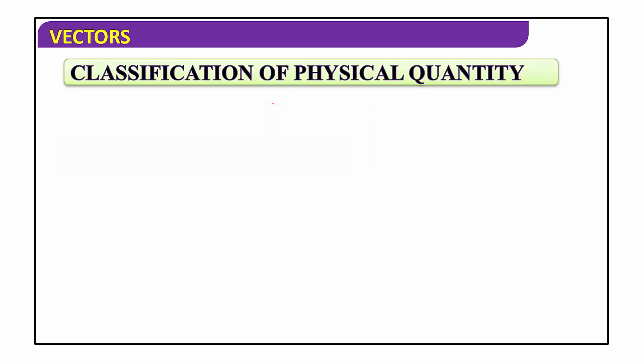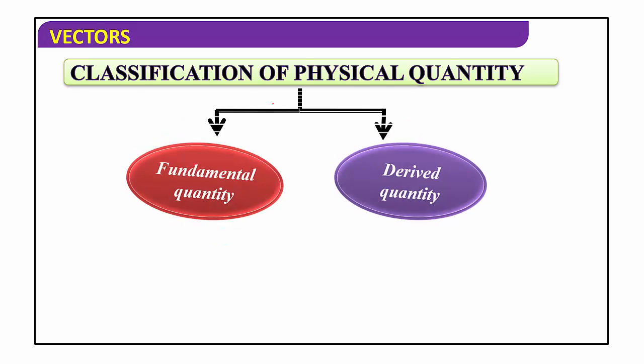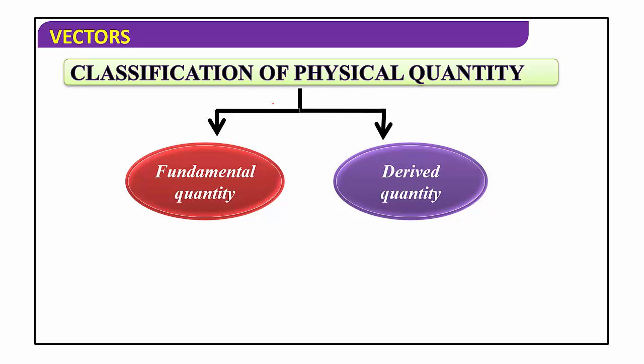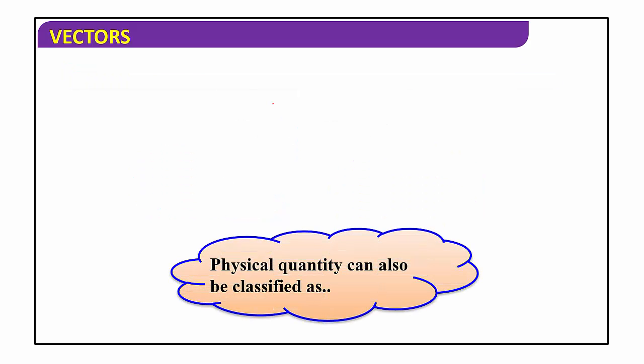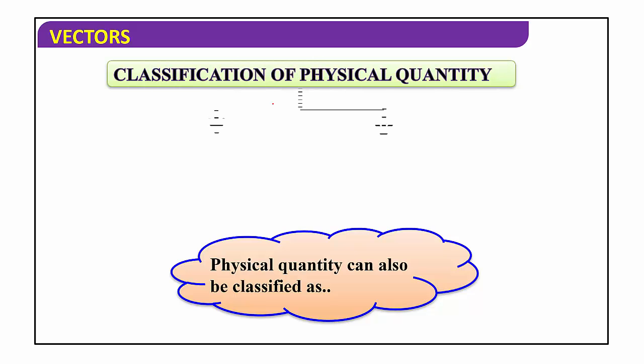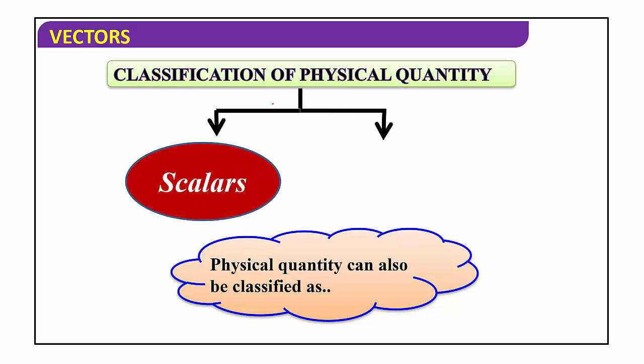we can observe classifications of physical quantity. You already studied in chapter 2. You can remember there are two types of physical quantity, and they are fundamental quantity and derived quantity. Physical quantity can also be classified as scalars and vectors.